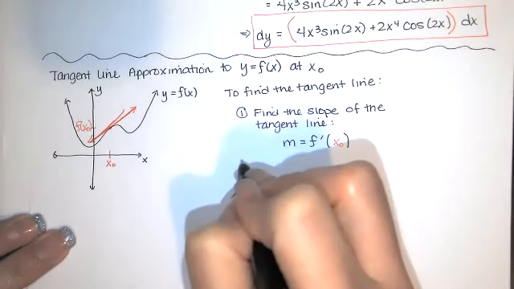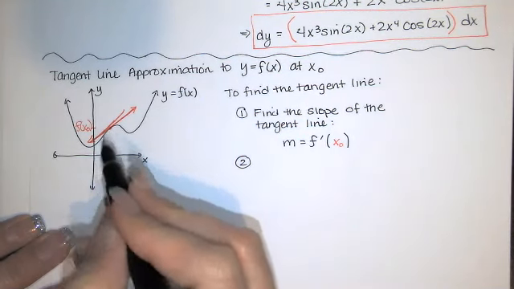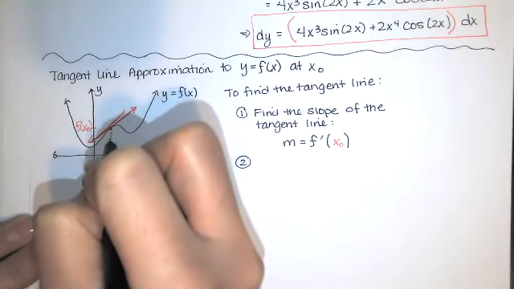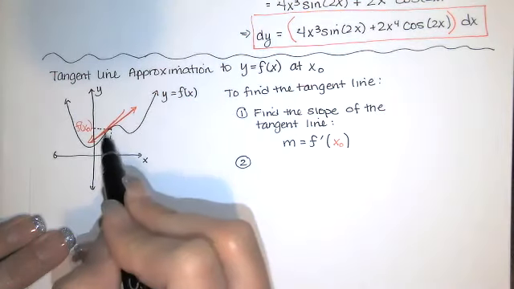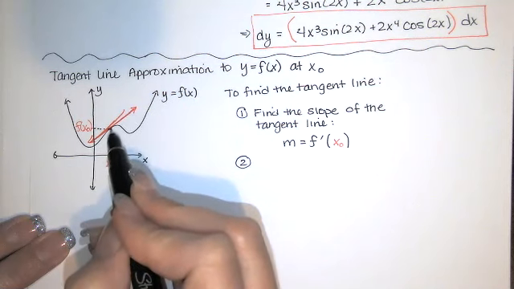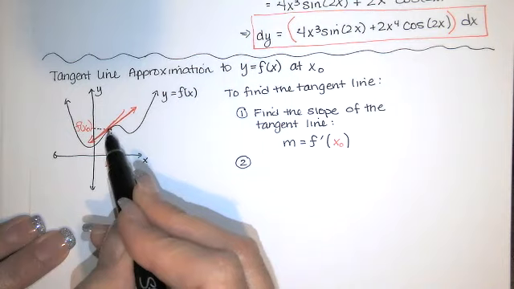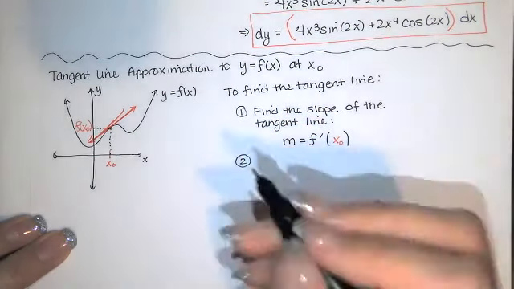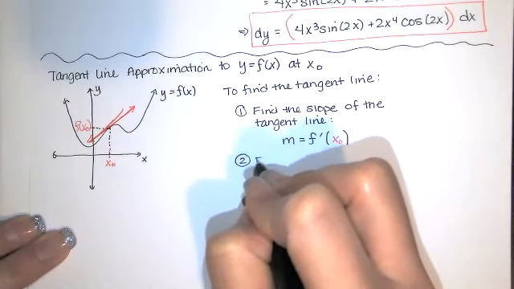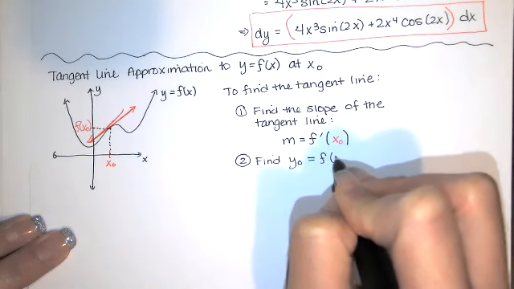And then after we found the slope, or maybe before we found the slope, the order really doesn't matter here, we needed an xy pair on that line. If somebody gives me x naught, I can find a y value that goes with that. If that line is tangent to the curve at this point, x naught and f of x naught is a point that lies on that line. So if somebody gives you x naught, you need to find the y that goes with it. So I'm going to call that y naught.